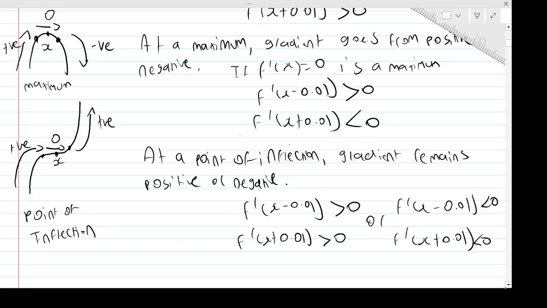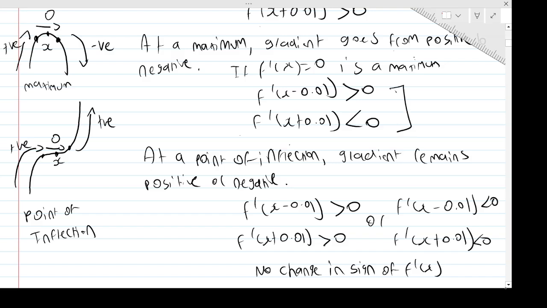Because at a point of inflection, as we discussed, the gradient is always positive or always negative, right? It doesn't change from positive to negative or vice versa, just always positive. There's no change in the sign, okay? That's what I'm getting at. There's no change in sign in my derivative.